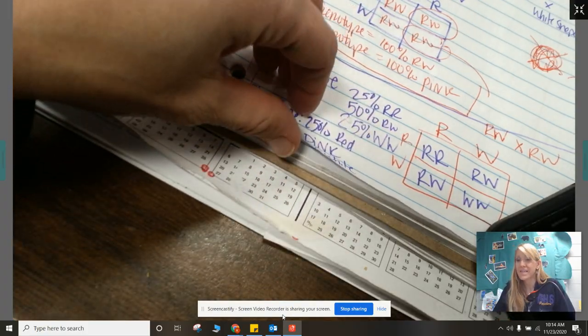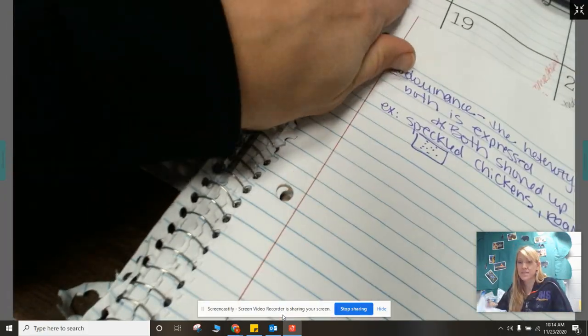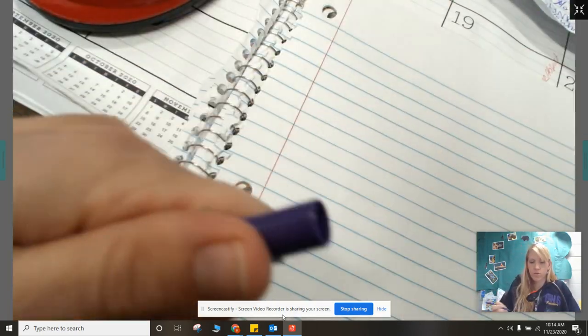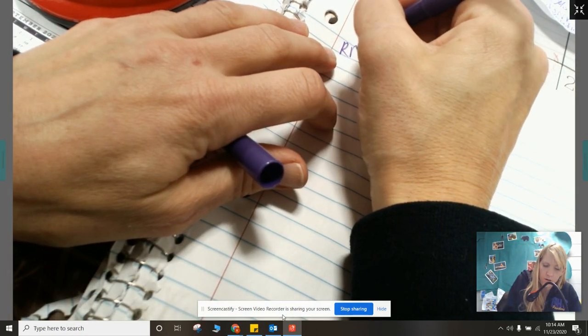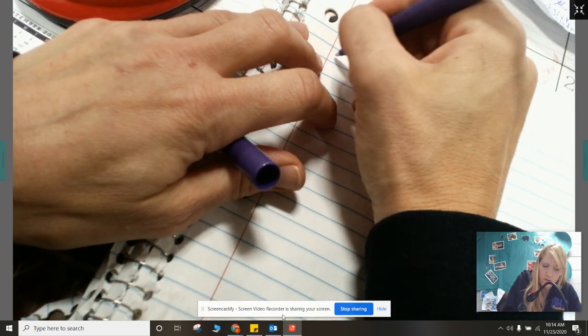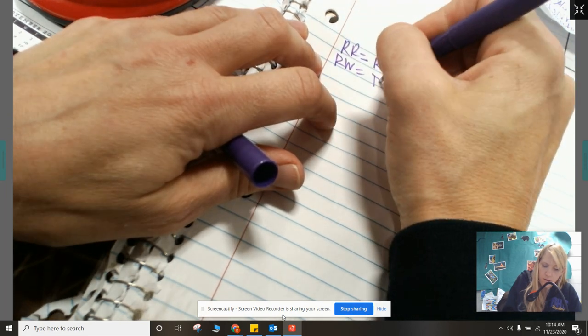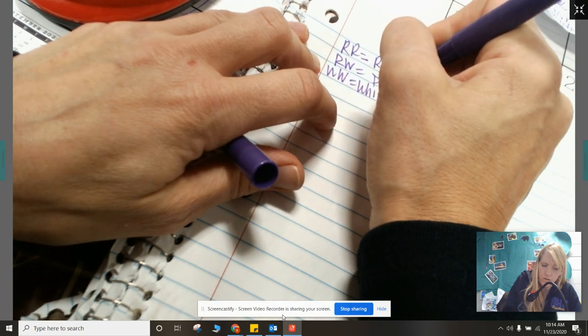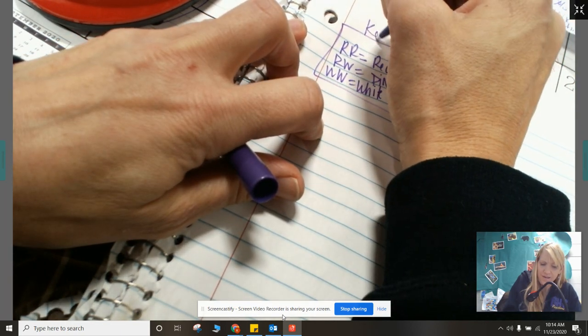So, I'm going to give you one to do. Let's pause and see if you can figure it out. First, pick a key. RR equals red. RW equals pink. WW equals white. Here is my key, and now I'm happy.